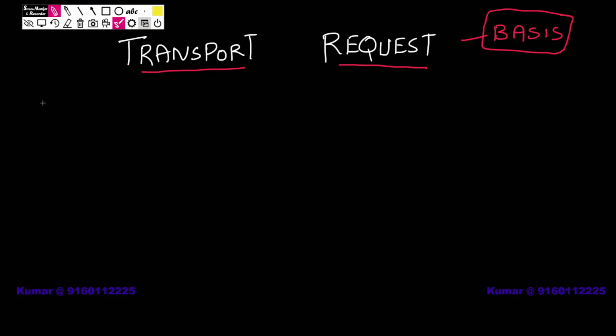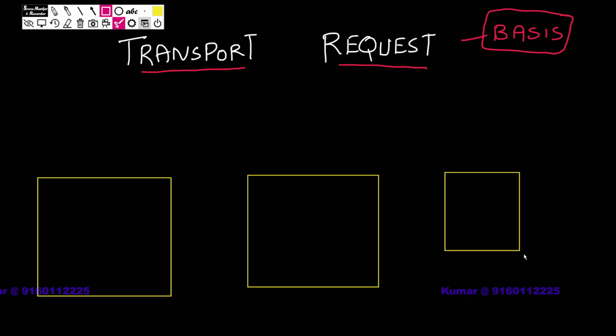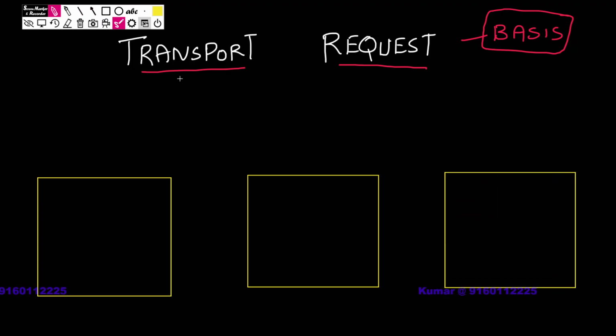So transport request, there are actually three servers. This is called a system landscape. These three servers combinedly are called the SAP system landscape.